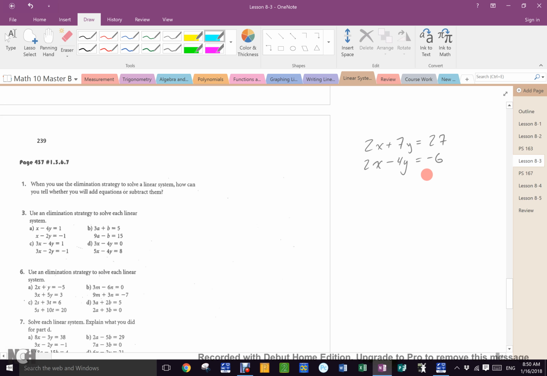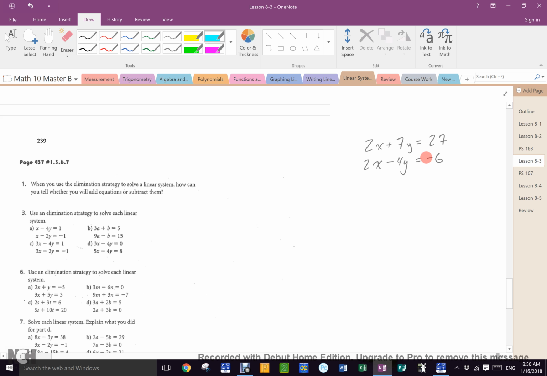Now, every system we've been doing, we've been adding them together, yes? Because one of the coefficients has had the same number, but one's been positive and one's been negative, right? Do you have that in this case? What I just wrote over here. Do you have a positive and a negative coefficient that are the same? No. But remember, this method is called elimination, right?